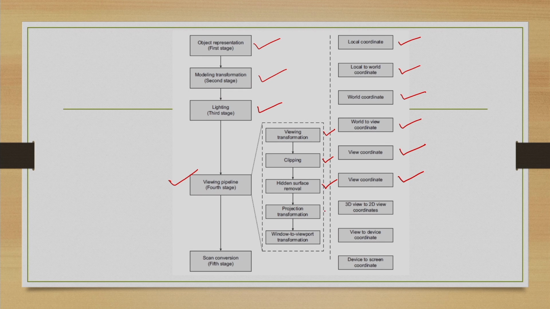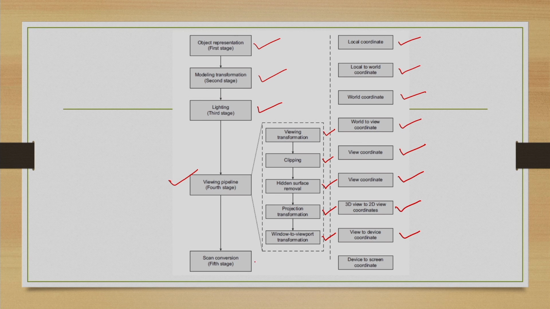After that, there is another transformation called projection transformation. In this stage, another coordinate transformation takes place from a 3D view coordinate system to a 2D view coordinate system. And then we have another transformation, window to viewport transformation. Here we transform the 2D view coordinate object to a device coordinate system. Together these 5 substages constitute the fourth stage, that is the viewing pipeline.